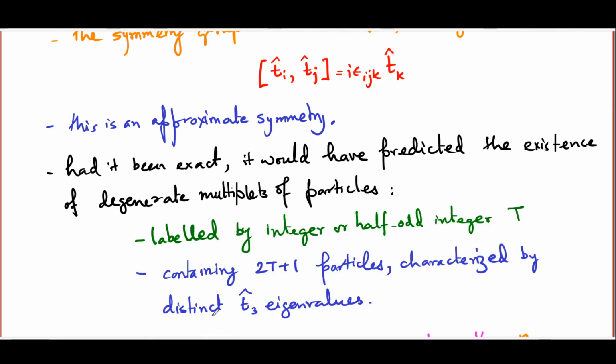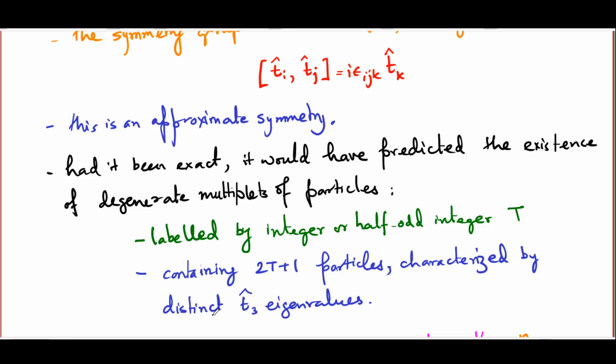Now, these multiplets would be labeled by an integer or half-odd integer value, capital T. This is very familiar from the theory of angular momentum. It's essentially the same algebra being used here. Capital T is related to the eigenvalue of the operator T squared, that is T1 squared plus T2 squared plus T3 squared. And the very familiar result is that the eigenvalue for the T squared operator is going to be capital T times capital T plus 1.